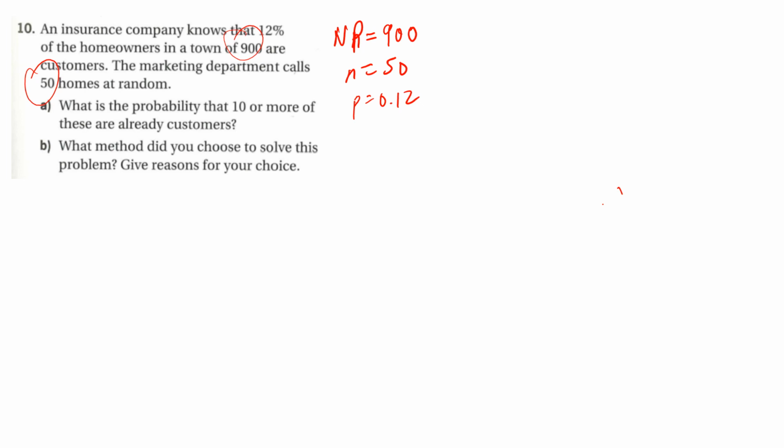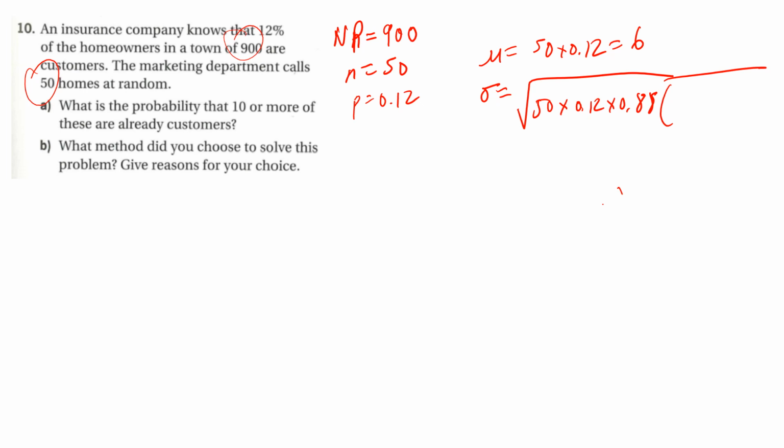Our mean is 50 times 0.12, which is 6. Our standard deviation is the square root of 50 times 0.12 times 0.88 times 900 minus 50 over 900 minus 1. That's approximately 2.23.